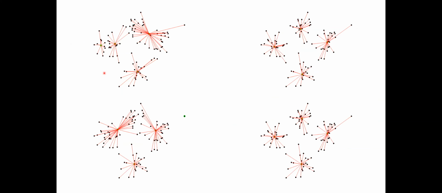Now, what can you see here? We actually have the same data points for these 4 scenarios, but we started on 4 different arbitrary points. Okay, so as you can see, after the convergence, we came up with different clustering technically.